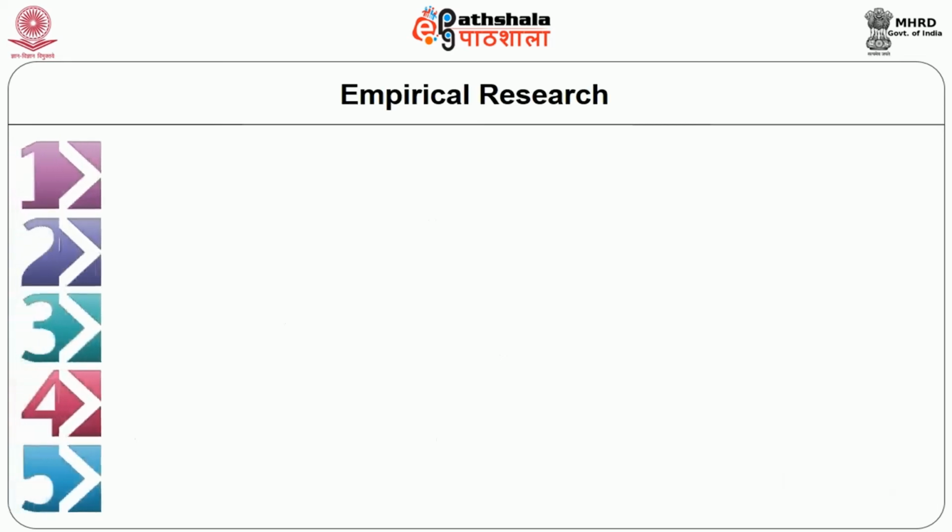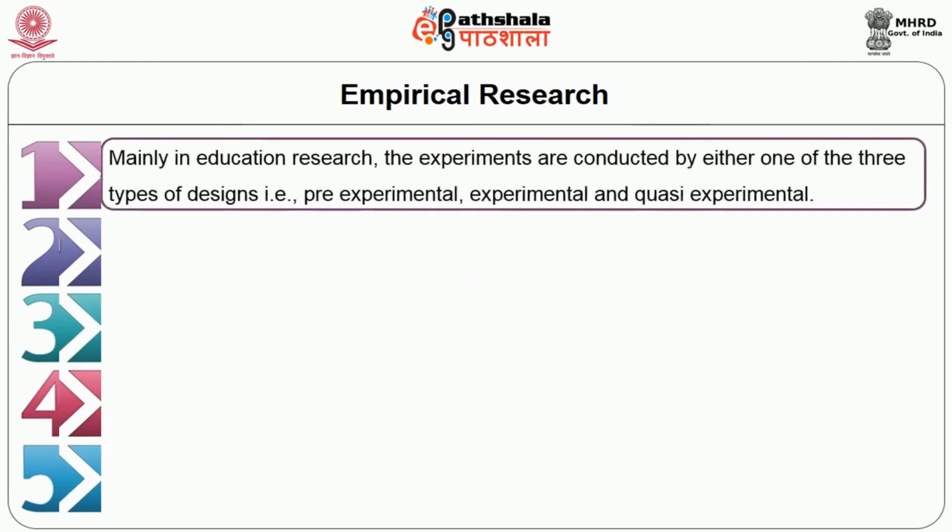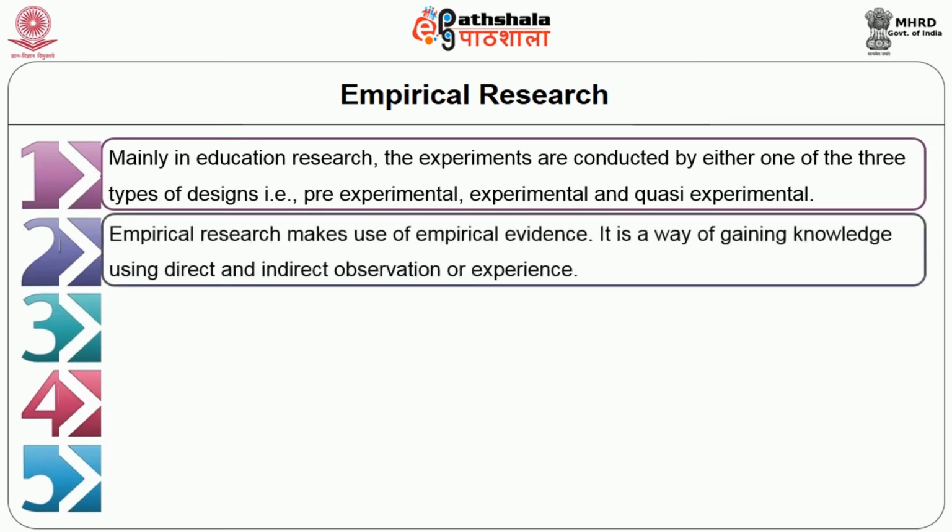In empirical experiments, mainly in education research, the experiments are conducted by either one of the three types of designs: pre-experimental, experimental, and quasi-experimental. Empirical research makes use of empirical evidence. It is a way of gaining knowledge using direct and indirect observation or experience.